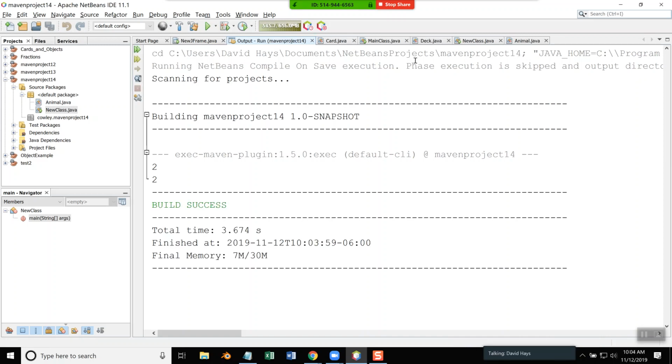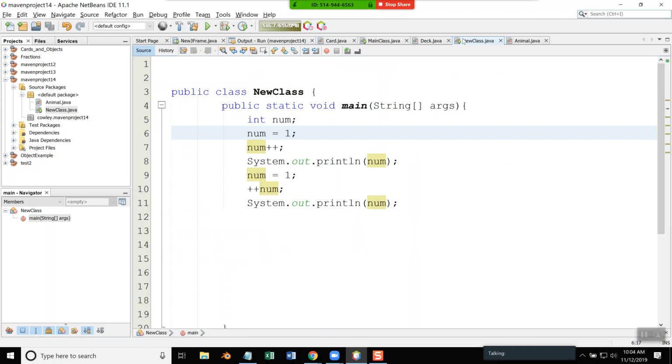You can see both give me 2. Since it's the only one on the line, it doesn't matter whether you increase it at the beginning or end, it still just gives you the same value.